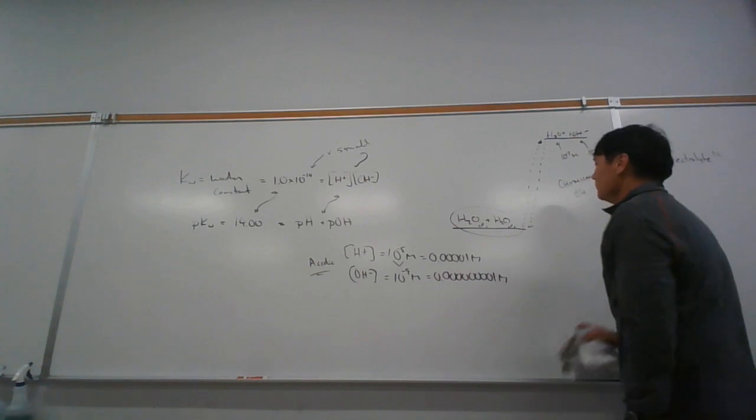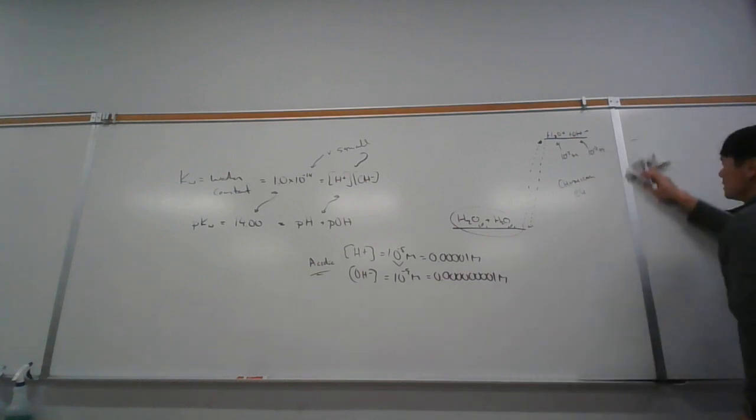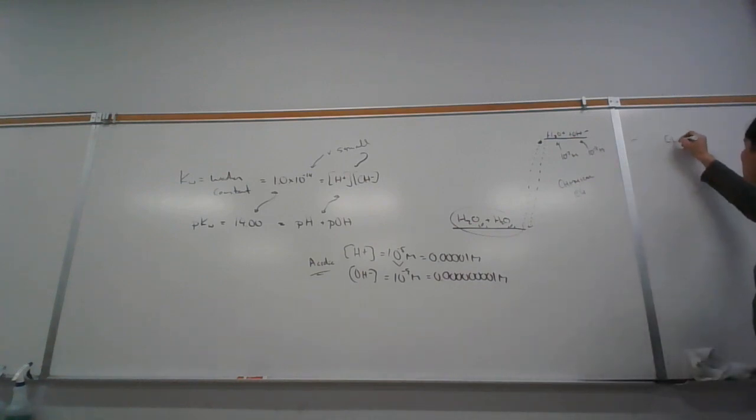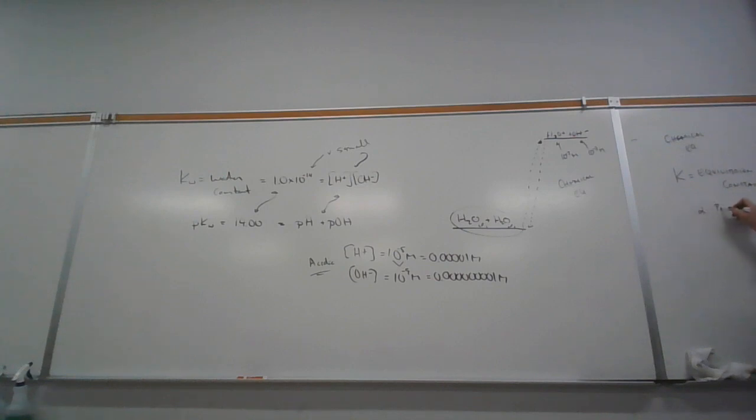Now, for chemical equilibriums, we use K to tell us. This is called the equilibrium constant. And the equilibrium constant is going to be proportional to the product's concentration over the reactant's concentration.